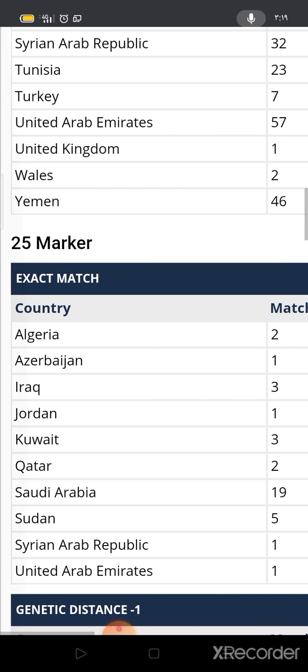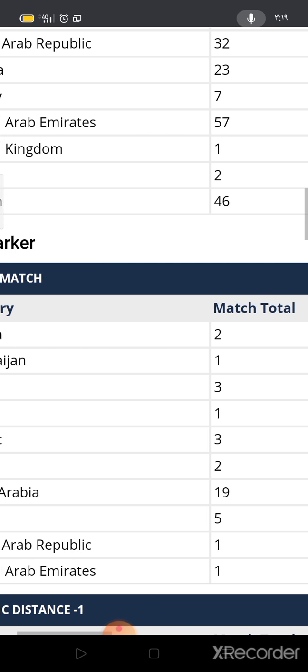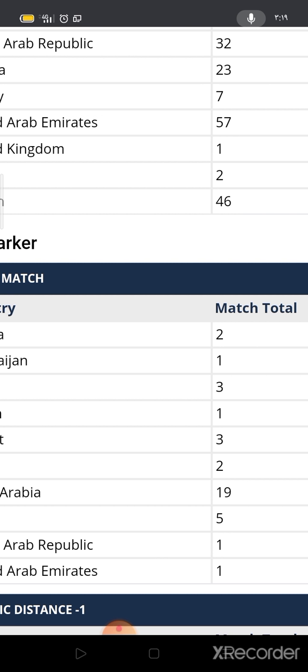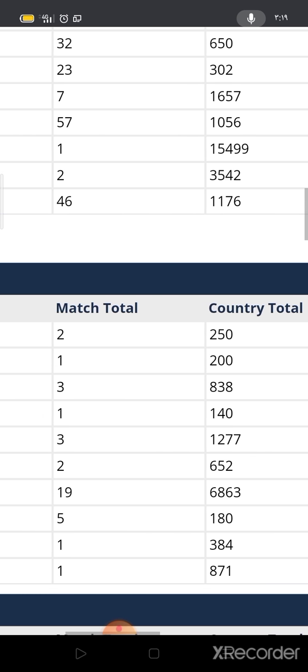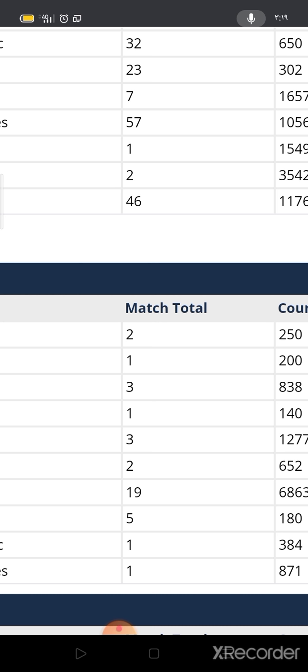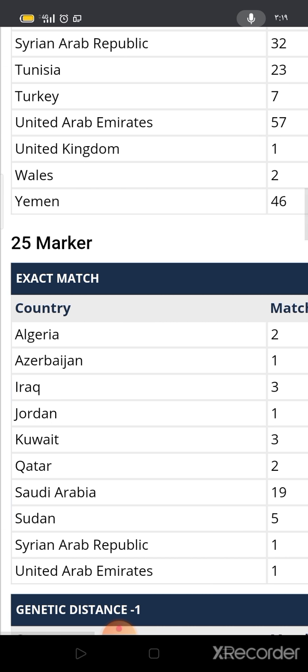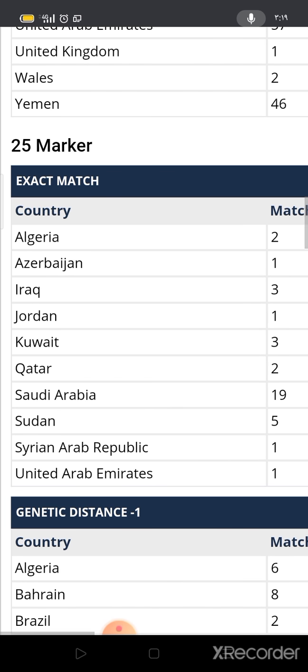And the numbers here in exact match in 25 markers, 19. The biggest number is 19 from Saudi Arabia, but the percentage is low, 0.3%. But here, from my matches, I have 19 from Saudi Arabia, then I have 5 from Sudan. So at this level, I match more people from Saudi Arabia than from my country.